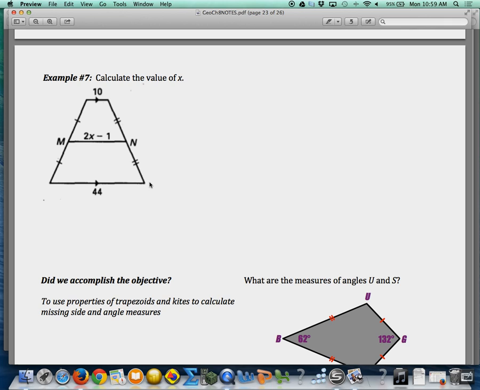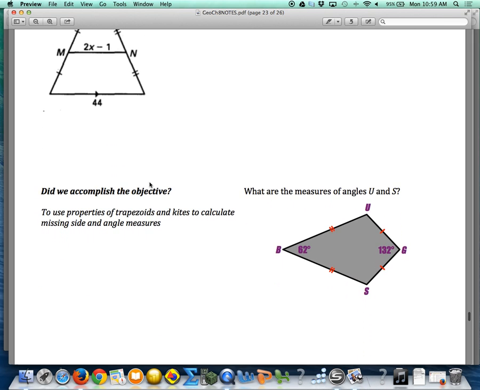Okay. Last one is yours to do. Can you tell me what are the measures of angles U and S, or at least how to do it? I will take it from anyone. I had 132 and 62, then subtracted from 360 and then divided by 2.